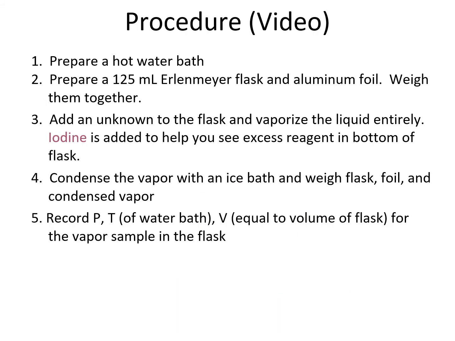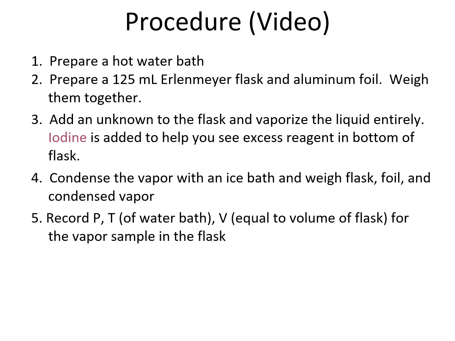The procedure is pretty straightforward. All we're doing is first preparing a hot water bath, and then we're going to get an Erlenmeyer flask and some aluminum foil to serve as our cap. Then we're going to add a certain amount of our unknown to our flask and weigh that.